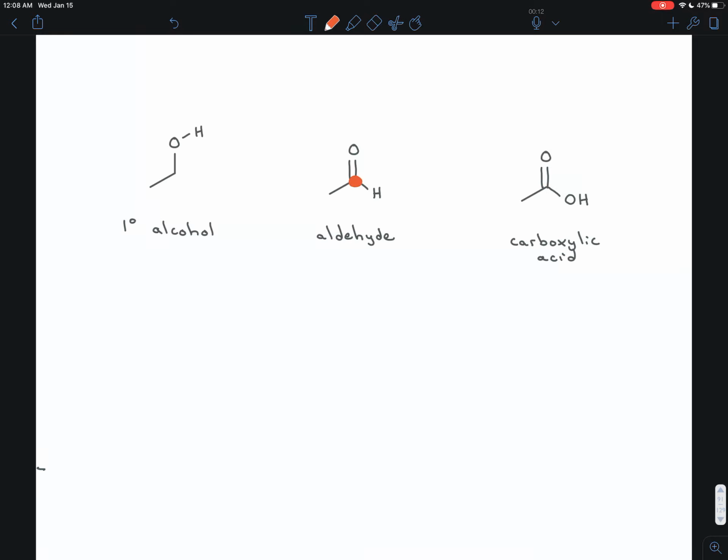In aldehydes, it has 2 bonds to electronegative elements, and in alcohols, it has 1. So as you go from the right to the left here, the number of bonds to electronegative elements decreases, and so this is reduction.